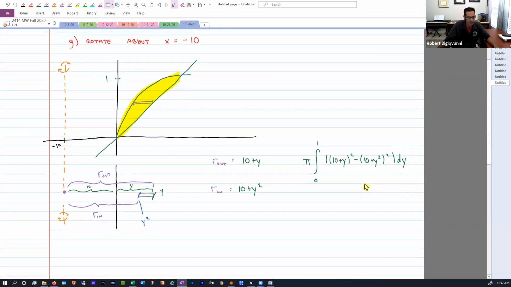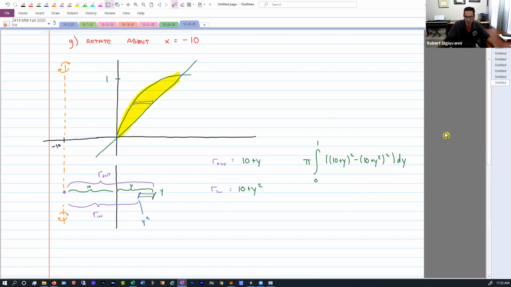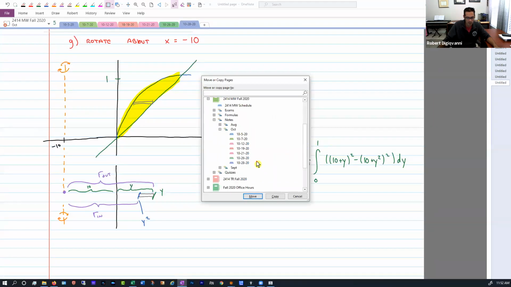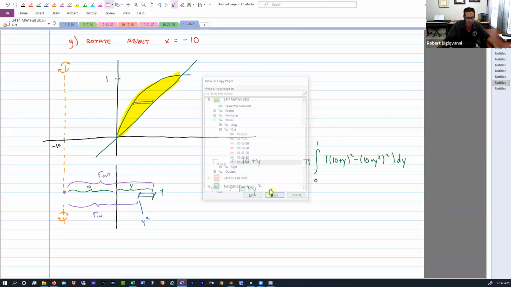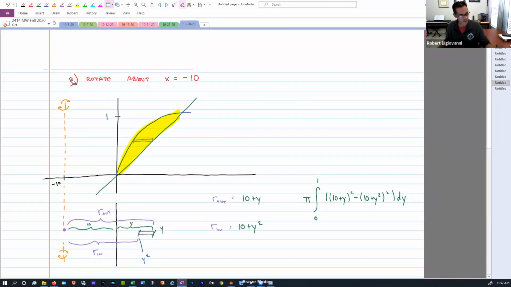That's the integral. Now, to save time, I'm just going to copy this page, and then I'm going to change some stuff here. E, F, G, H. Let's go around x equals positive 10 this time.